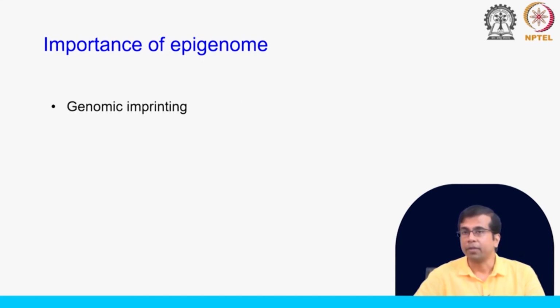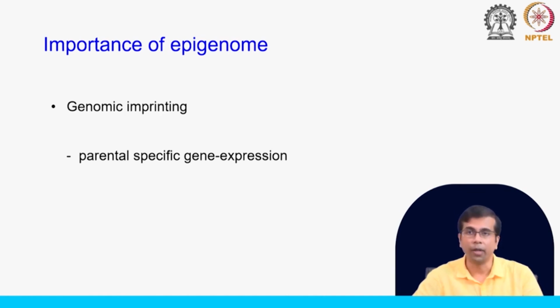You can have something called genomic imprinting. Again, this is through epigenetic modification. Genomic imprinting refers to parental specific gene expression. This is relevant for diploid organisms like us, where you have two copies, one inherited from the mother, one inherited from the father. What happens in genomic imprinting is that only one copy would be expressed.